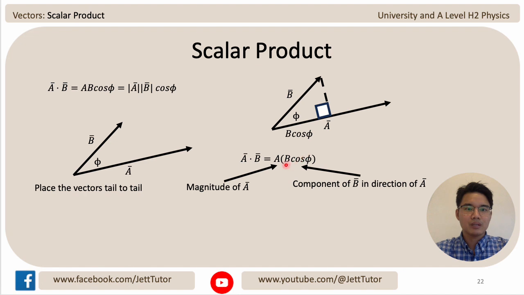That's why it's the magnitude of A multiplied by B cosine phi, which is the component of vector B in the direction of vector A.